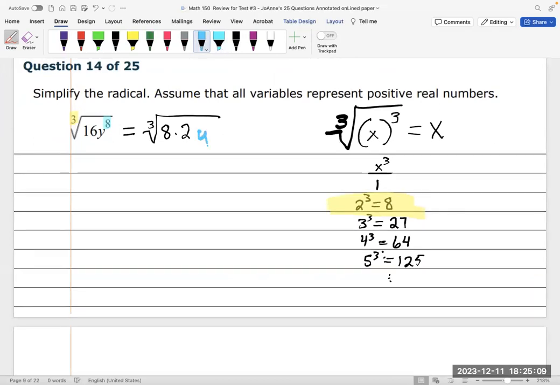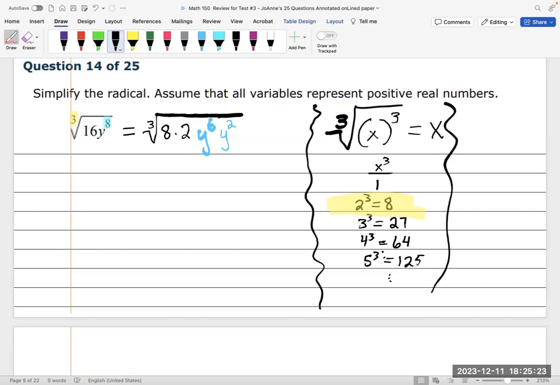So the number smaller than 8 and divisible by 3 is 6. Y to the 6th times y to the 2nd is the same thing as y to the 8th. This is my scratch work over here. Y to the 8th is the same thing as y to the 6th times y to the 2nd.